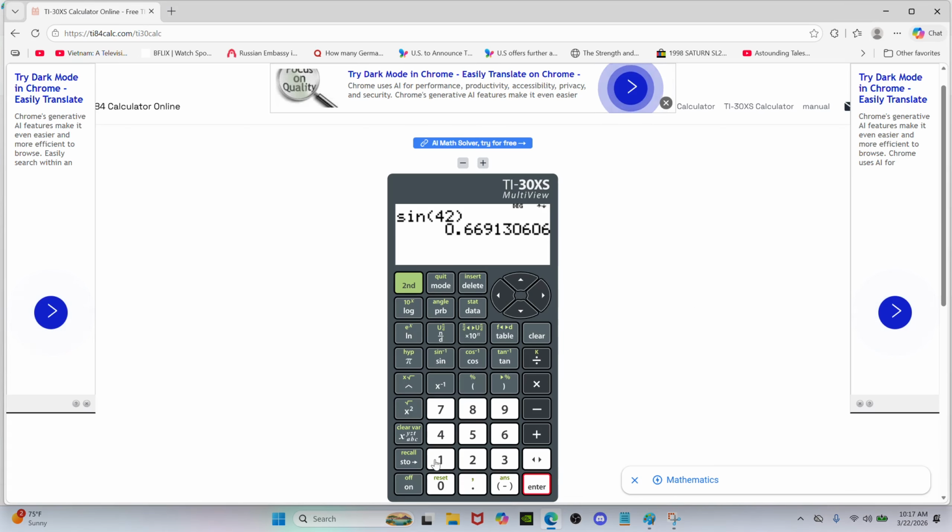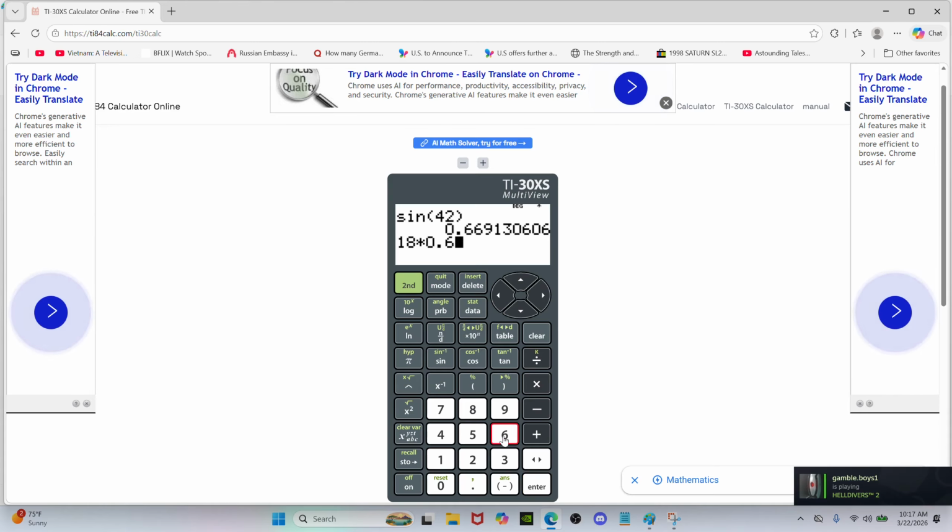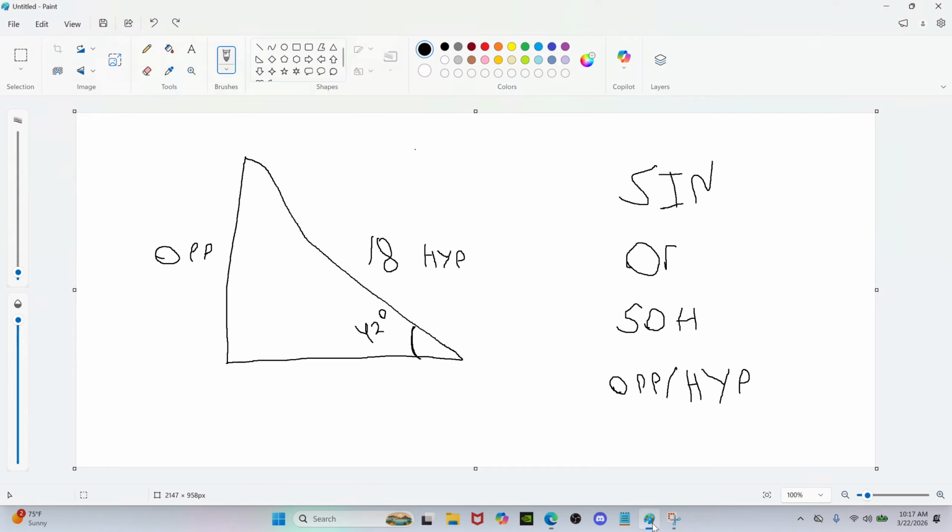Well, simply, all you have to do is do 18 times 0.669, just three to the right of the decimal point. And then that's it. That's our opposite side, rounded to 12. So we know now that we have just solved the problem. But that's how easy regular trig is.